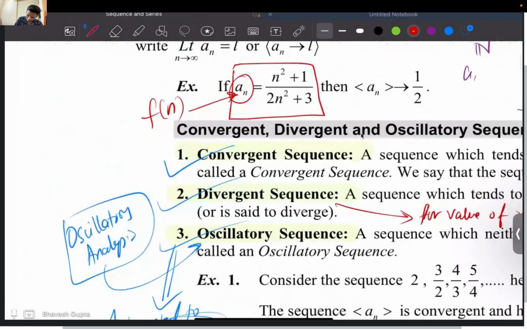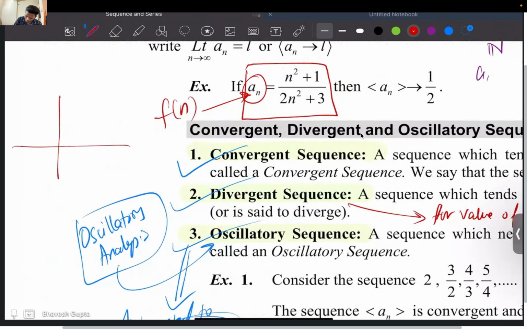For example, like this, let's say I have this vertical asymptote and the function behaves this way, right? Here you can see there's a vertical asymptote. Let's say this is my function f of x, and this is some x naught. I want to do the analysis of this.